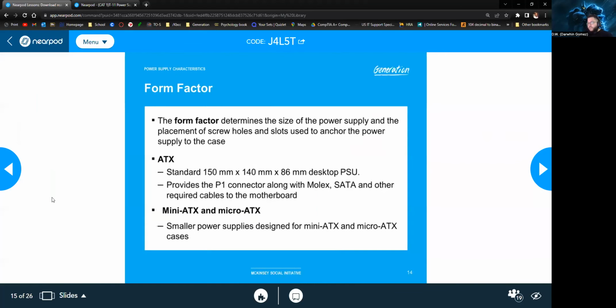All right. Can you tell me one of the voltages that's provided by the power supply?